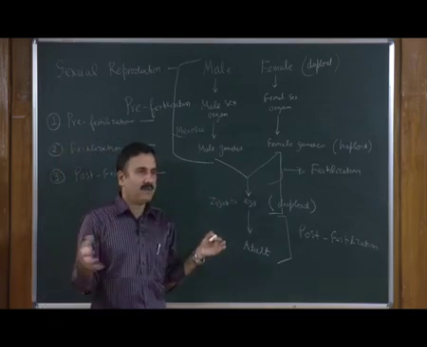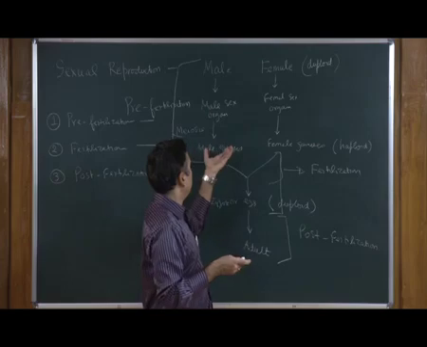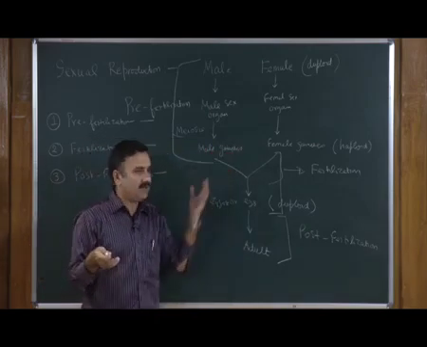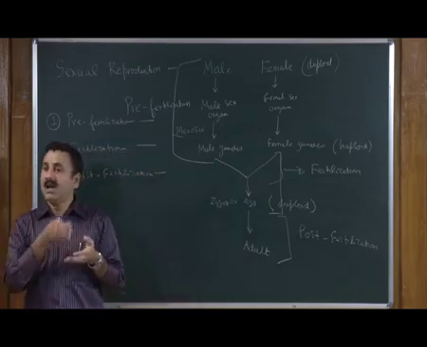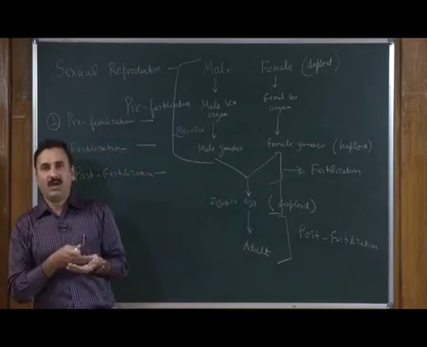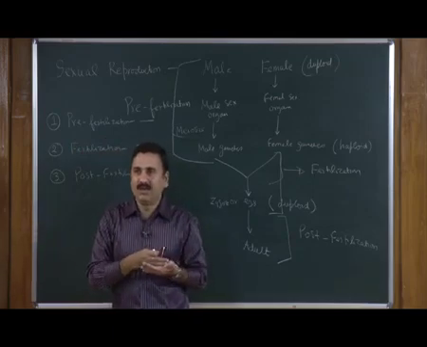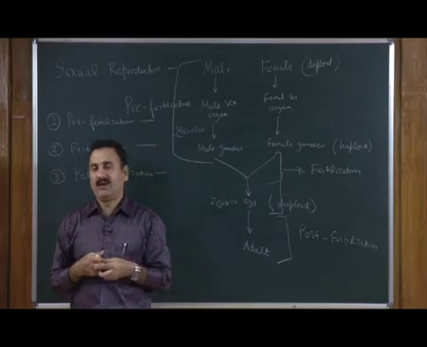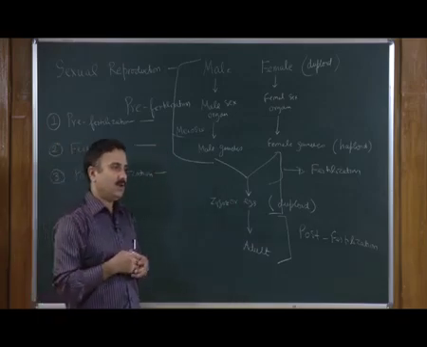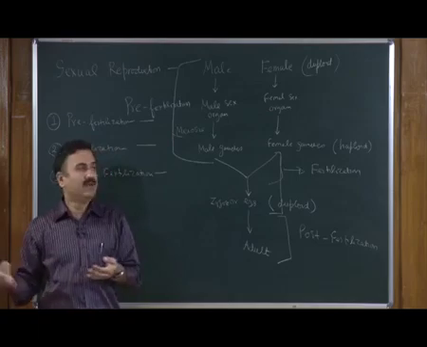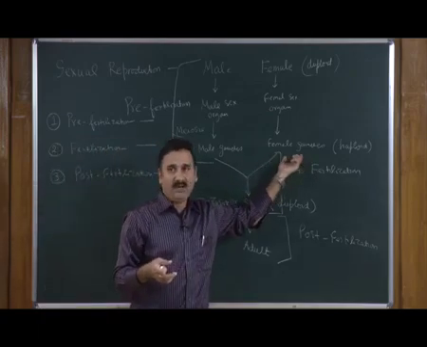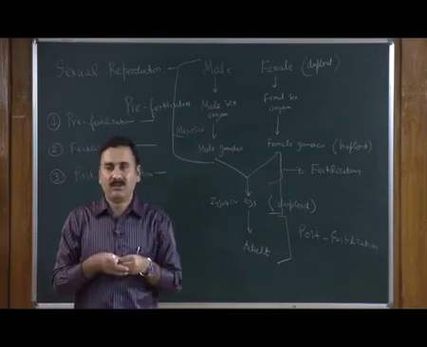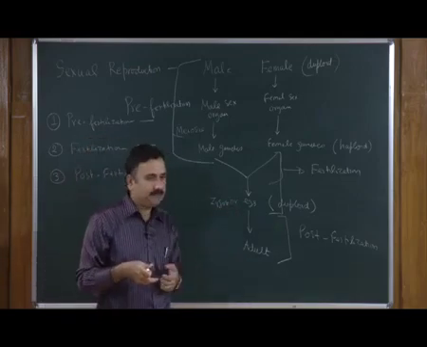For example, in the case of plants, the male gametes are present within the pollen grain, and these pollen grains are not motile. So, they take help from the environment and other factors present in the environment to be carried from one place to another and finally reach the female gametes, and that is how they do the optimal fusion and produce the zygote.